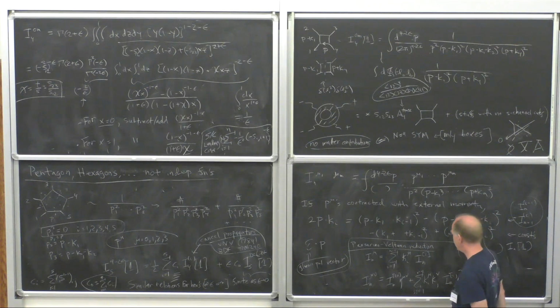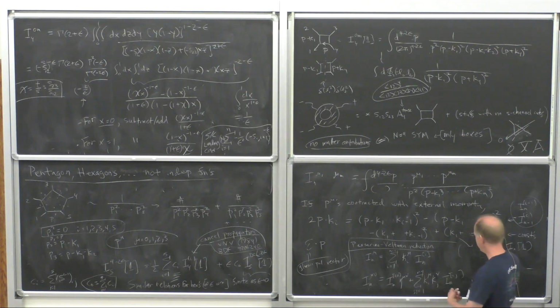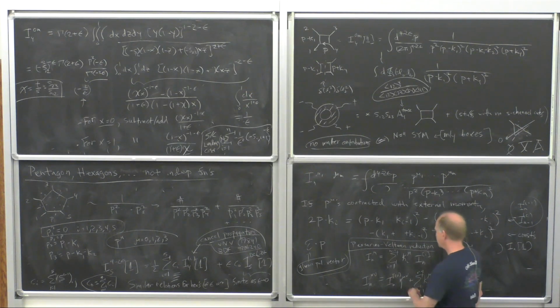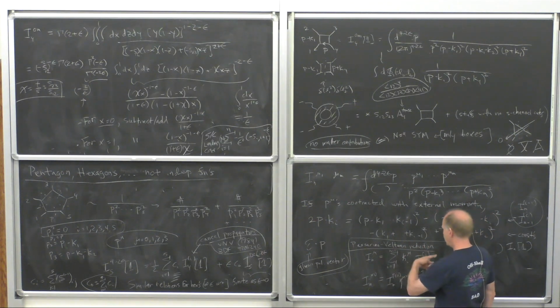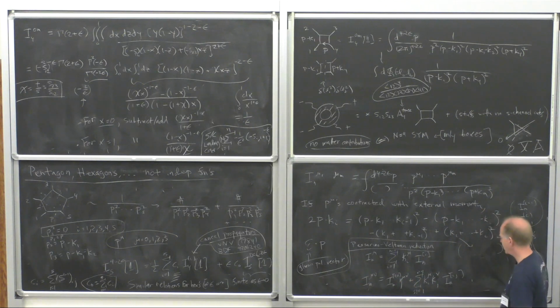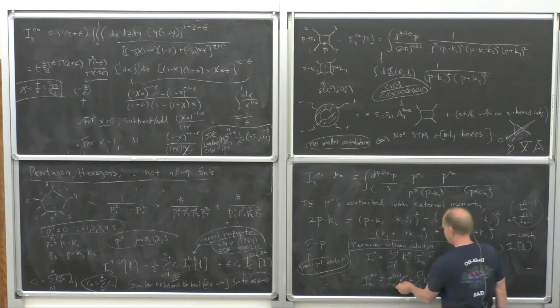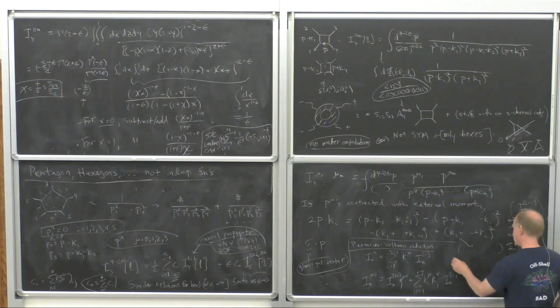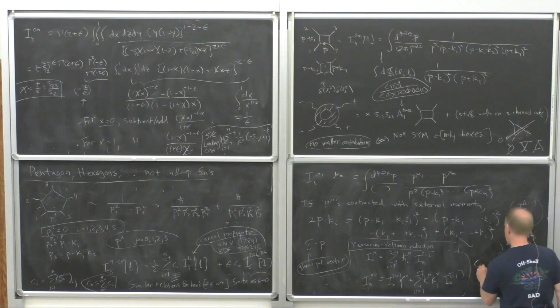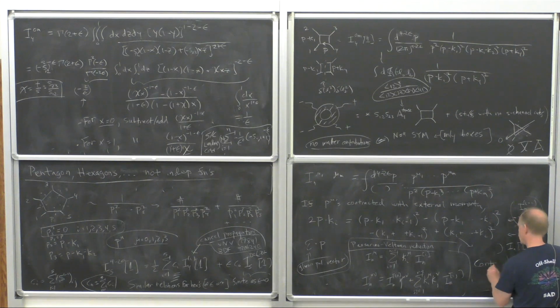And then you have to figure out how to extract the coefficients. But if you were handed an individual diagram and you wanted to reduce the tensors in the numerator, you would relate them to these quantities here. And then the next step, you have to figure out what these things are.